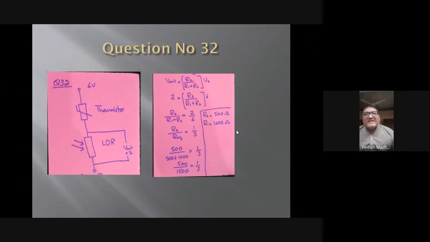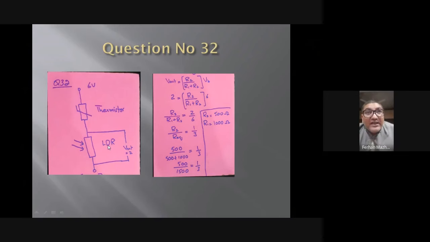So the V out at the LDR is 2. If the V out is 2 volt, the voltage from the battery is 6 volt, it's the potential divider thing. You know that the V out formula for the potential divider is R2 divided by R1 plus R2, into the voltage of the battery.